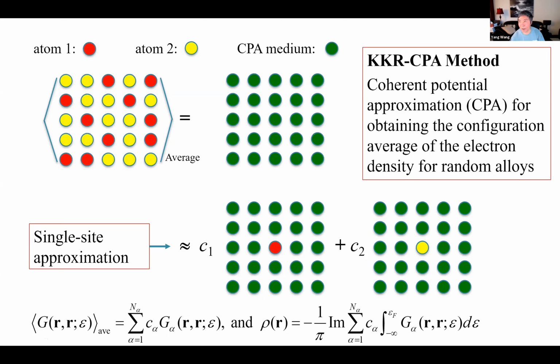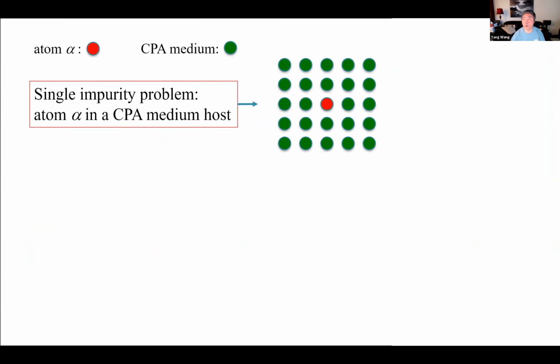All right. This is the basic idea about the KKR-CPA method: we try to find what the CPA medium is. Now, how do we calculate the CPA medium? It's a little bit further details. So now we are facing how to solve this single-site problem, right? There's a particular given atom, species alpha, 1 or 2 or whatever, depending on how many species there are.